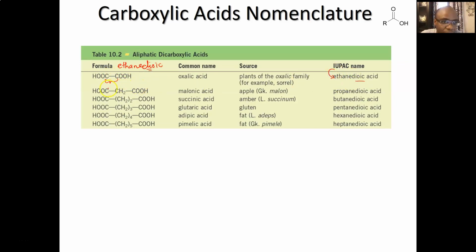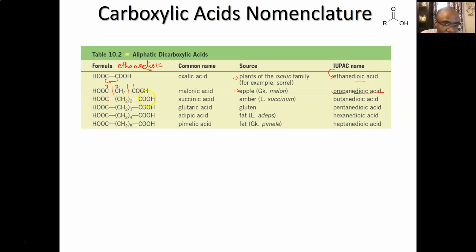And then this one has 3 carbons. You can start from left or right. So you still have 2 carboxyl groups, so it's still dioic acid, but because of the 3 carbons, it's propane. Okay. Malonic acid found in apple. Oxalic acid found in some oxalic family plants.